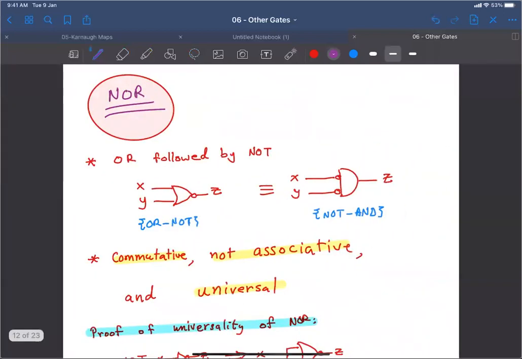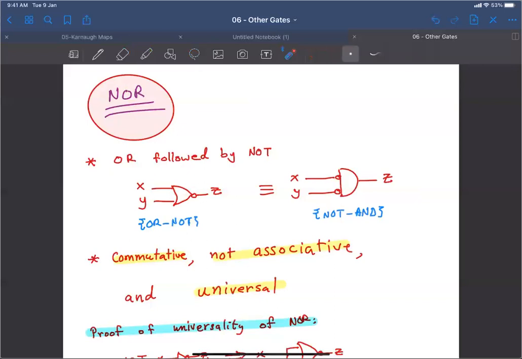Now, the NOR gate shouldn't take 5 minutes to explain, because most of the ideas have been discussed in the NAND gate, and everything applies in the NOR gate, except that the rules are twisted a little bit, like when we explained min terms and then max terms. It's just an extension. The symbol of the NOR gate is OR followed by NOT.